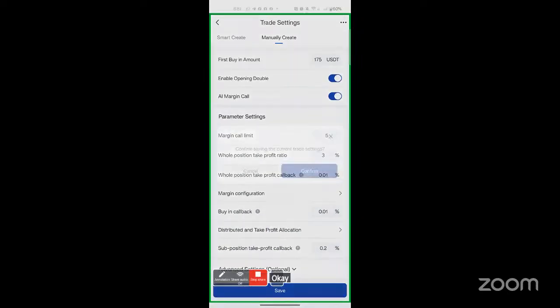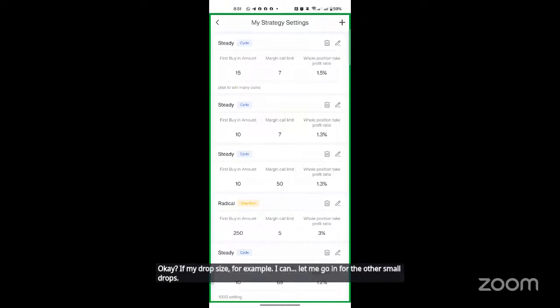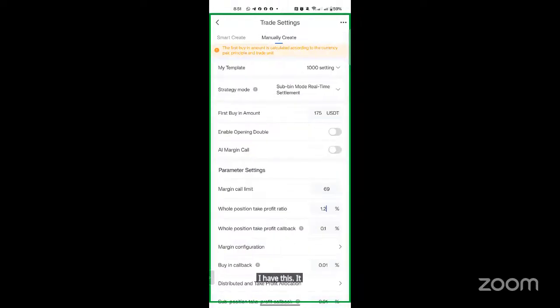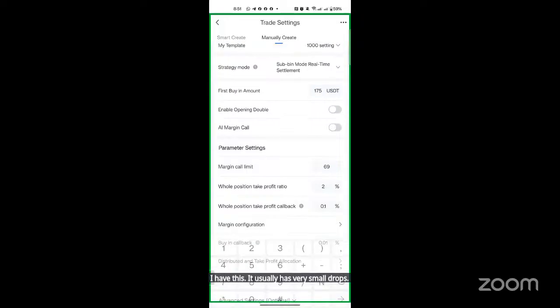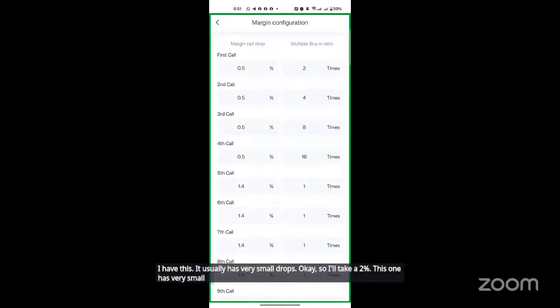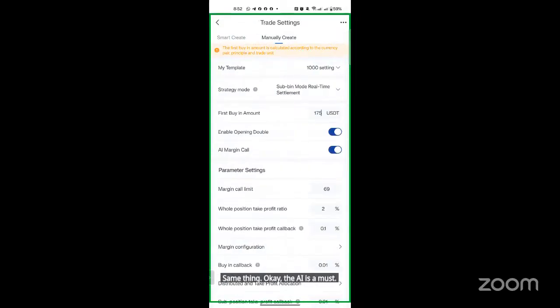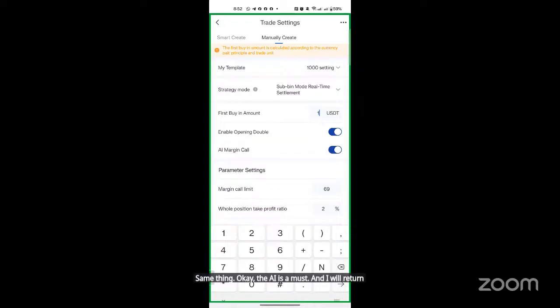Okay? For example, let me go in for the other small drops. I have this, it usually has very small drops. Okay, so I'll take a 2%. This one has very small drops. Same thing. The AI is a must, and I will return my first bind amount to around 10.